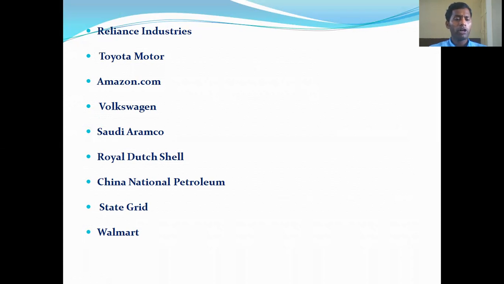Not only these, we have plenty of companies. They are the leaders in commerce and industry. Some of them have plenty of resources, plenty of money.